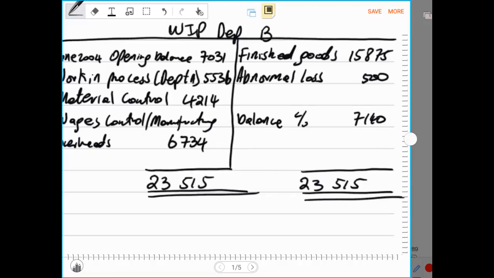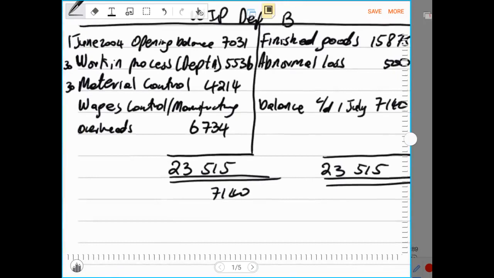This will be the balance carried down on the 1st of July 2004. Then it will be 7,140. I know this will be 30th of June.